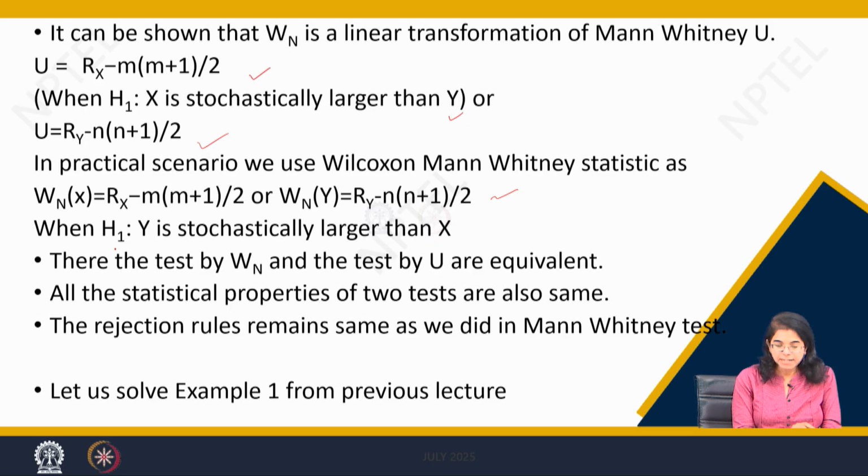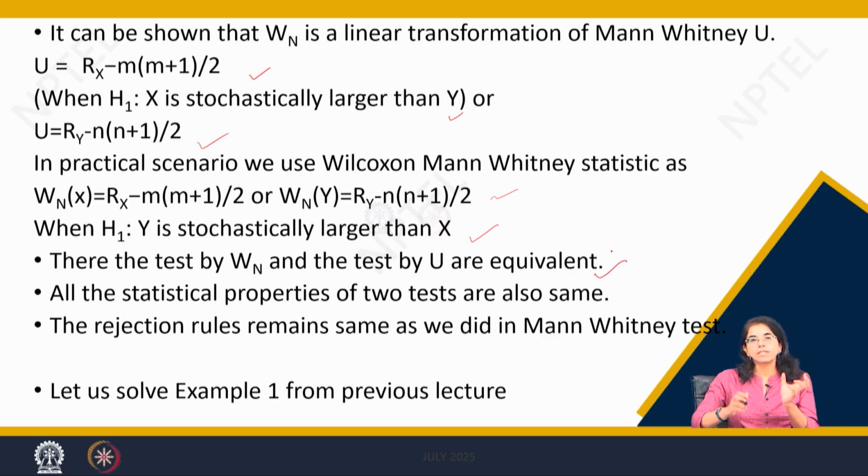So, when the alternative hypothesis is Y is stochastically larger than X, then the test by Wn and the test by U are equivalent. Okay. So, suppose you are dealing with Y stochastically larger than X, then you can either go by the traditional Mann-Whitney U-test, meaning you have to count how many Y's are preceded by X observations, or you see that calculating Wn is easier.